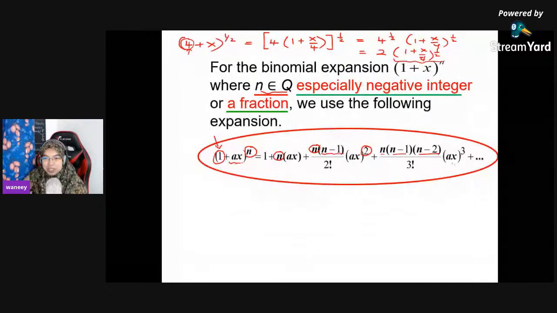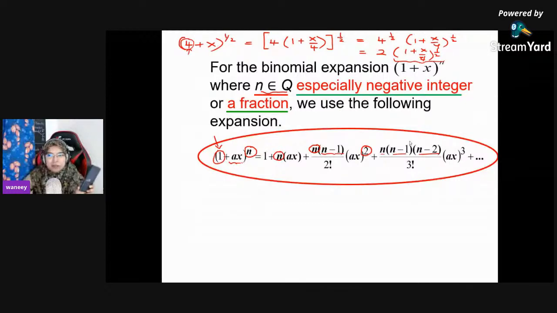And if you want to proceed, it should be n minus 1, n minus 2, n minus 3 over 4 factorial, and then ax to the power of 4. Okay, so now, by the way, if you didn't know where to find the factorial, you must use the shift function and then find x power of negative 1. You should be able to see the factorial.